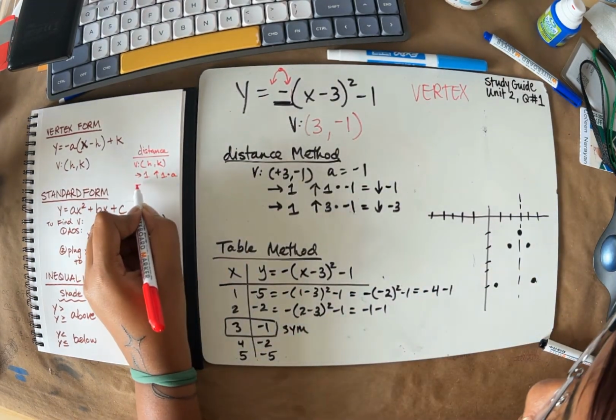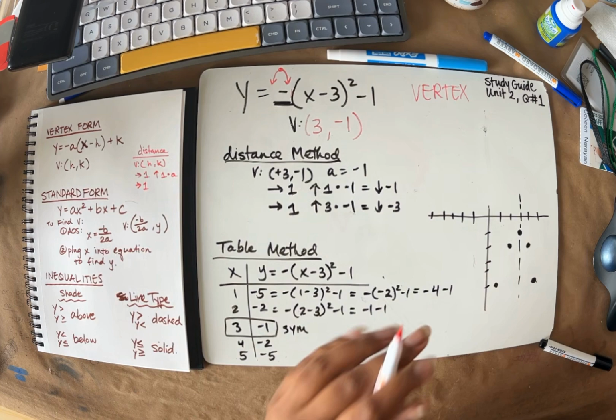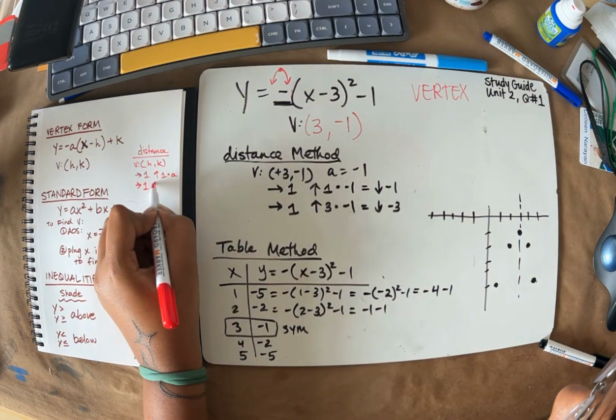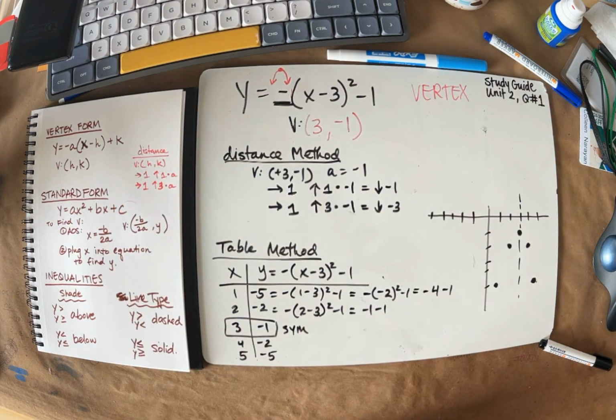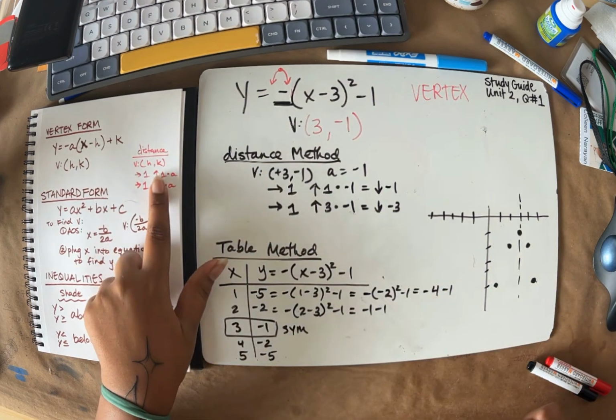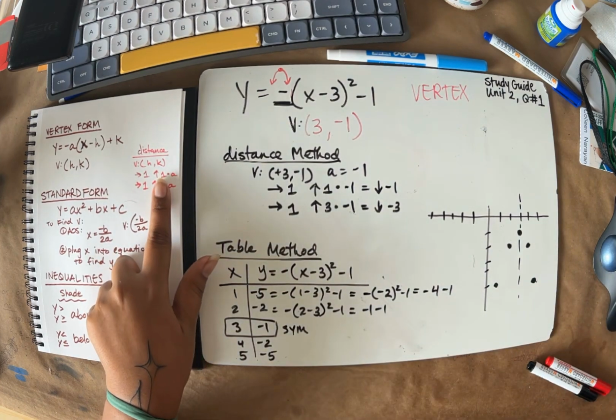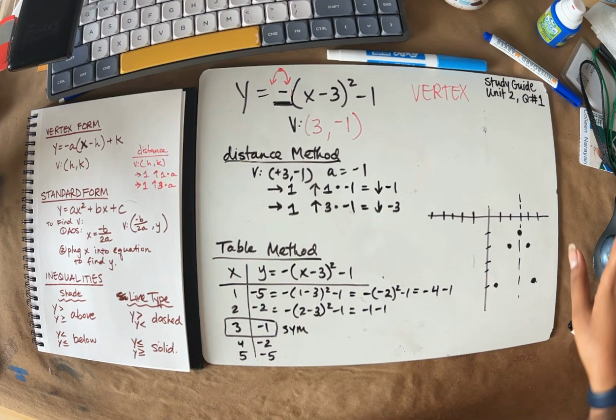And then from this point, we go right 1 again. That always stays the same. And then we go up 3 times our a value. And this will inform, if our a is negative, then we have to go downward. That would be the difference there.